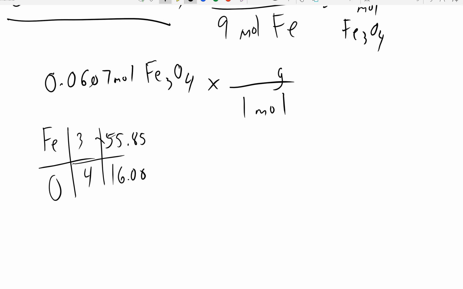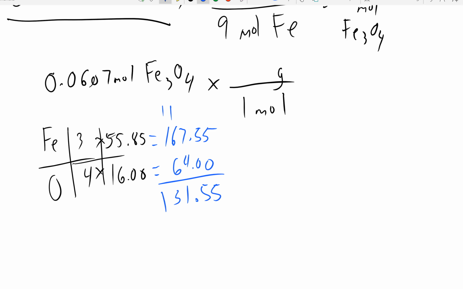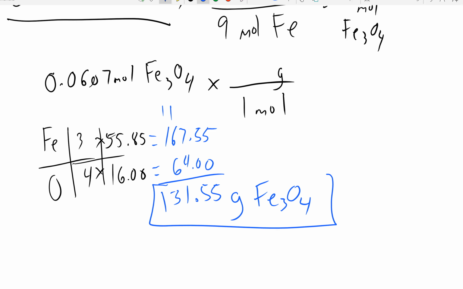So when you do that math, you're going to end up with, let's see, 3 times 55.85, 167.55, and 64.00. Add them together, you'll get 131.55 grams of Fe3O4. And that's the amount we're going to produce.